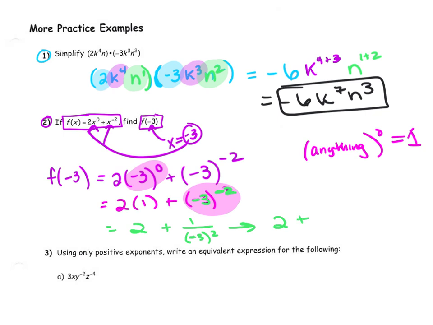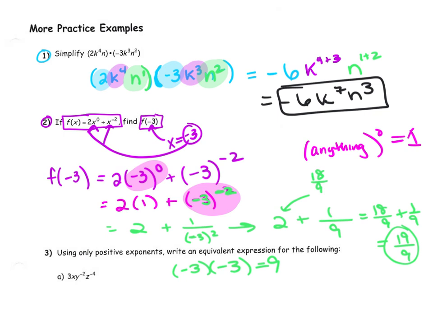Because now I have 2 plus 1 over negative 3 times negative 3 is 9. So I have 2 plus 1/9. And come on, people, we know mental math. I want to write 2 as a fraction with 9 as the denominator. 18 over 9 is 2. So we're going to rewrite this as 18 over 9 plus 1 over 9, which is 19/9. So that's my answer for question 2.